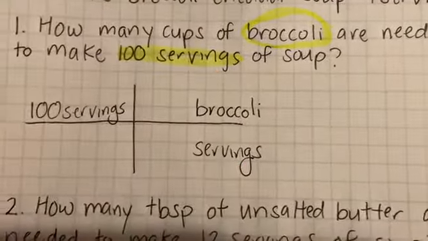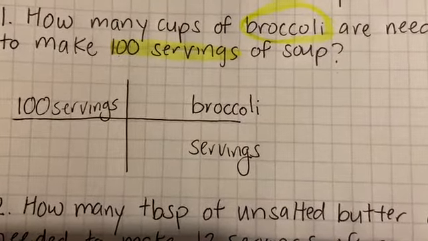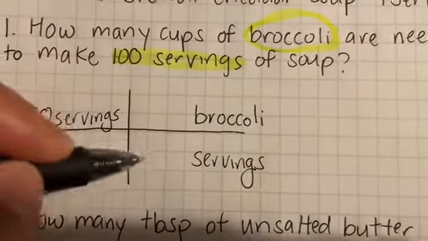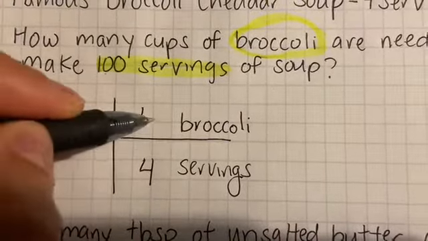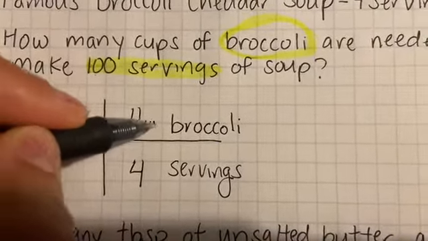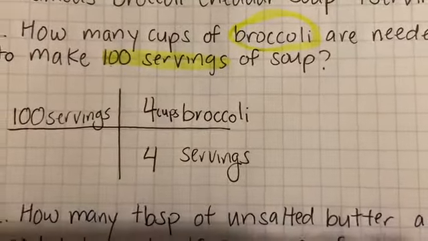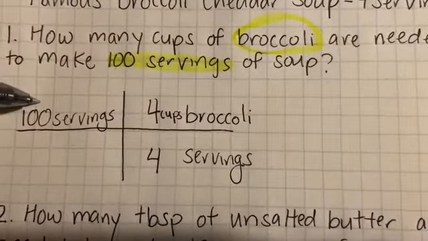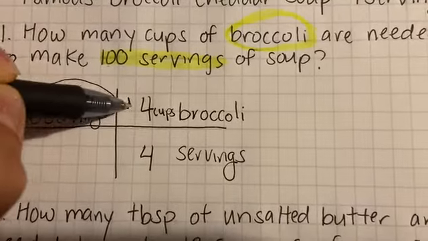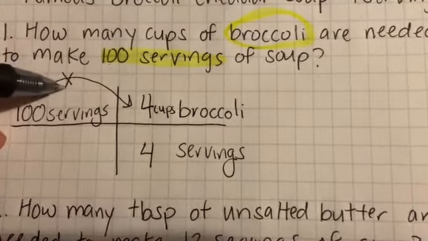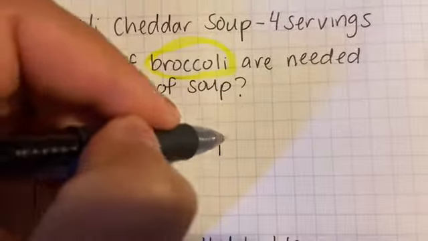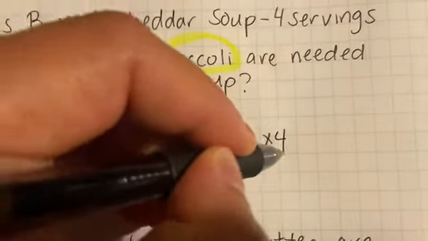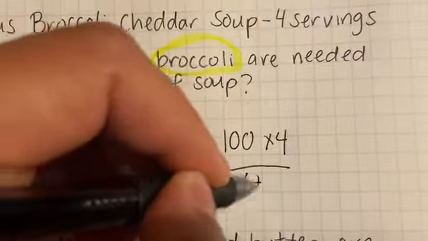Okay. I check my recipe to see what I need to plug in. I know for every 4 servings, it requires 4 cups of broccoli. Okay. So then from there, I multiply across, then divide by the bottom. So that will be 100 times 4 divided by 4.